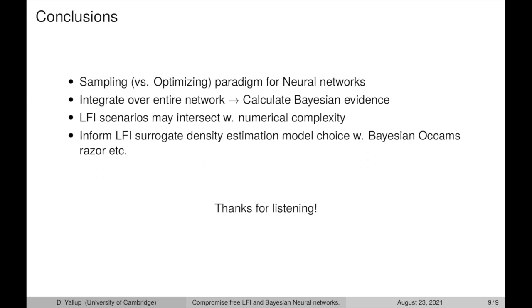So we're talking about integrating over entire networks, calculating Bayesian evidence of our surrogate networks, and all of that sort of thing. Again, likelihood-free inference scenarios intersect with the complexity that we think we're able to achieve with this. So this is hopefully a good fit, and it'd be interesting to chat about that further. So hopefully there's some discussion in the offline, less organized sessions. But thanks for listening, and thanks for putting up with my technical problems.